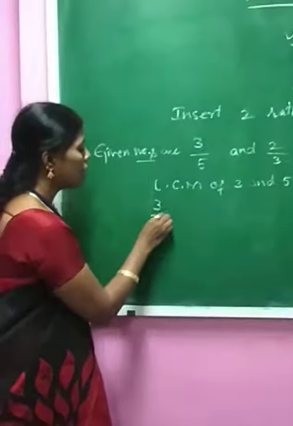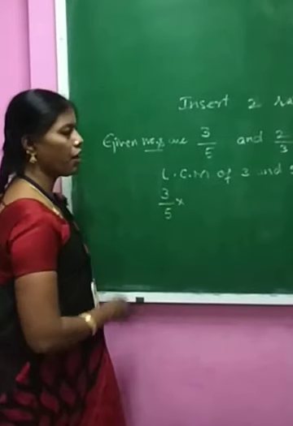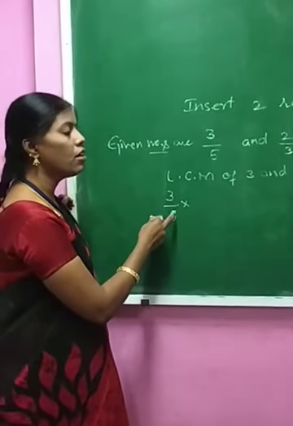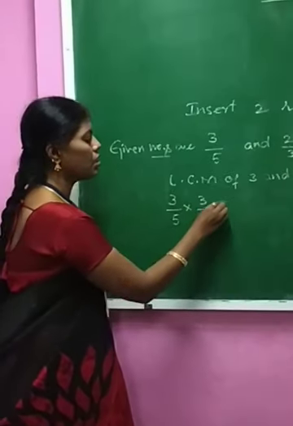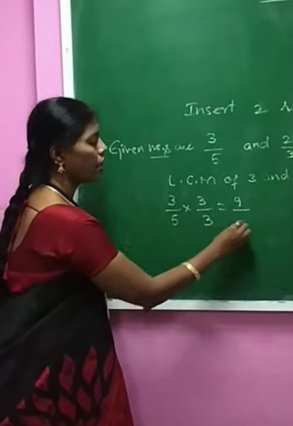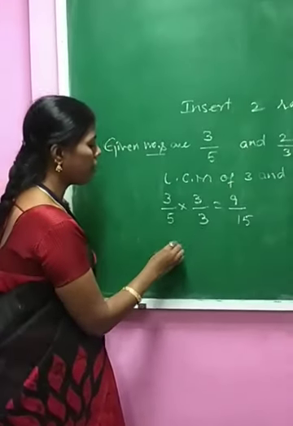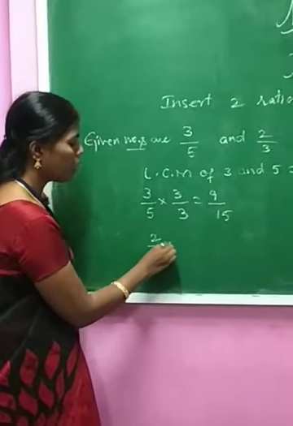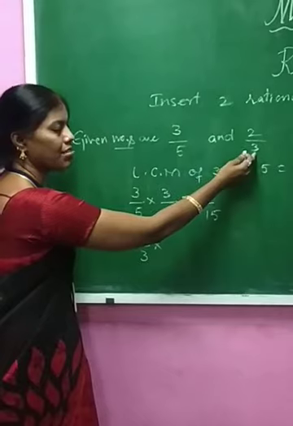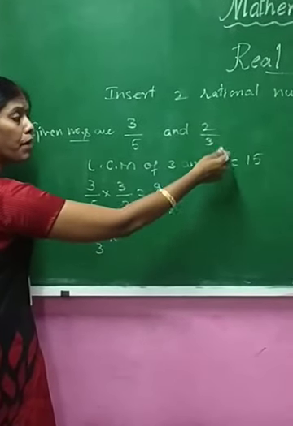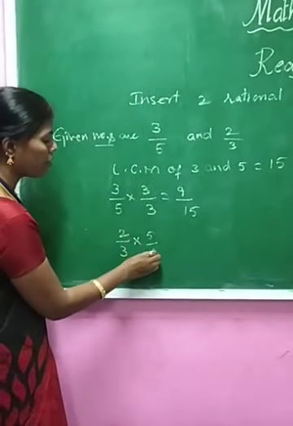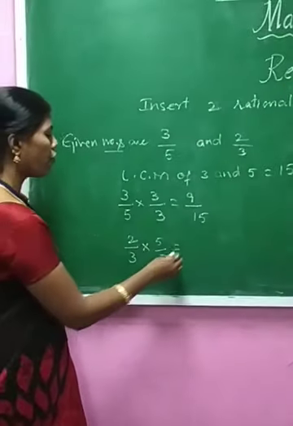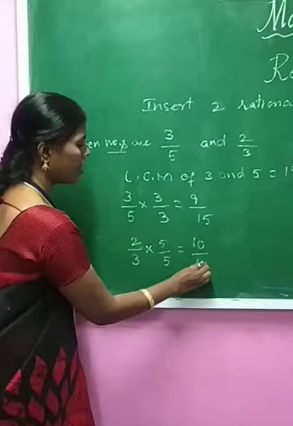For 3 by 5, the denominator is 5, so you multiply the numerator and denominator with 3. 3 3s are 9, 5 3s are 15. The same way for 2 by 3, the denominator is 3 and we have to make this 3 as 15, so you multiply and divide with 5. 2 5s are 10 by 15.